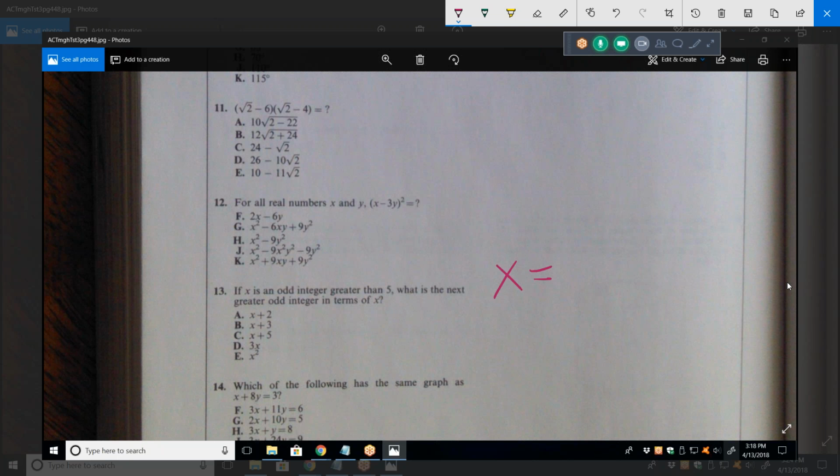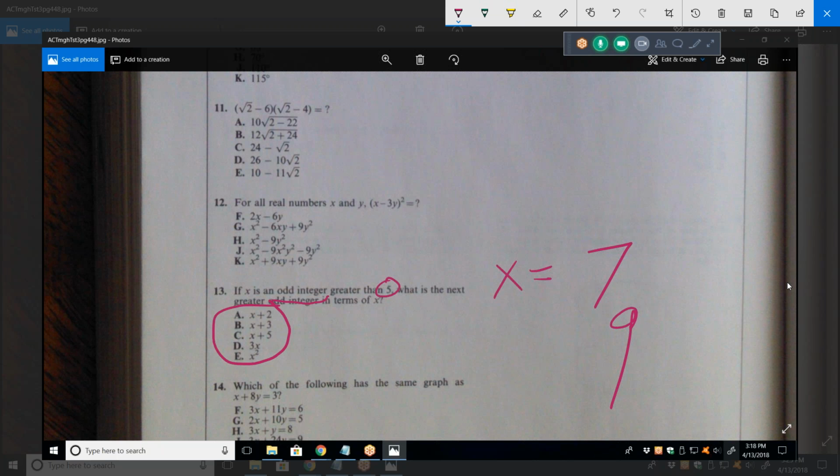You can make it up, all you got to do is follow the rules. It's got to be an odd integer, and it's got to be greater than 5. Okay, 7. What's the next greater odd integer? 9. Now, which of those answers gives me 9 when I plug in 7 for x? A. Yeah. And that's the way you do it.